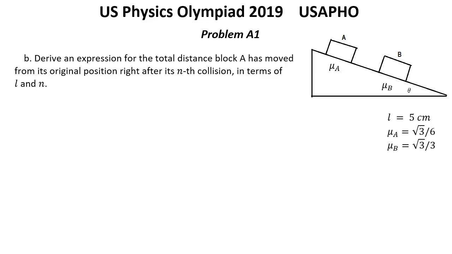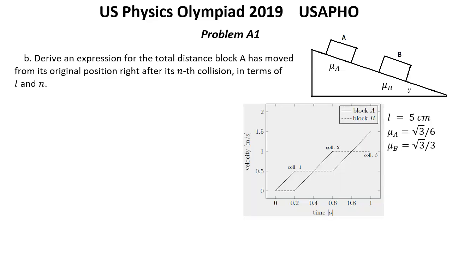Question B. Derive an expression for the total distance block A has moved from its original position right after its nth collision in terms of L and n. The solution for this question could be easier to get using the previous graph.